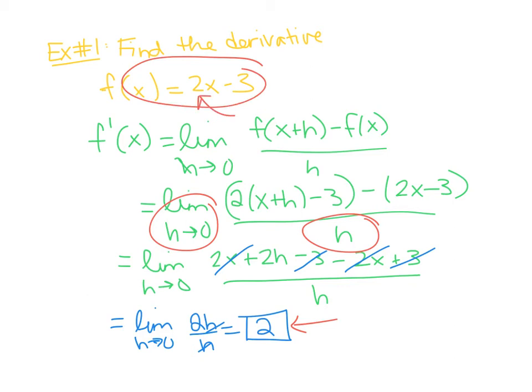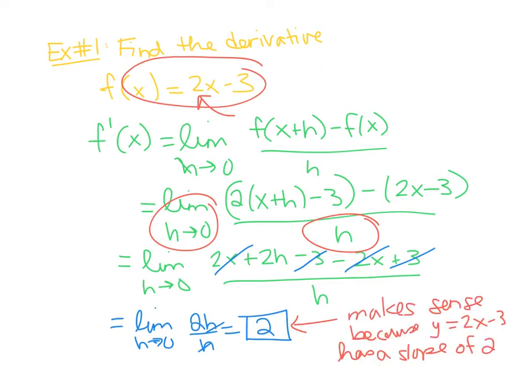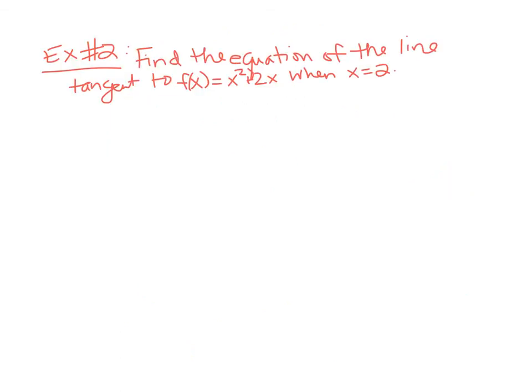And so the slope of the line tangent to that, which is just going to be that exact line, is going to be 2. I am going to tell you right now that there is an easier way to do this, by the way. You'll learn that probably sometime in the next week or so. So you're going to be really relieved when you see the other way to do these problems.